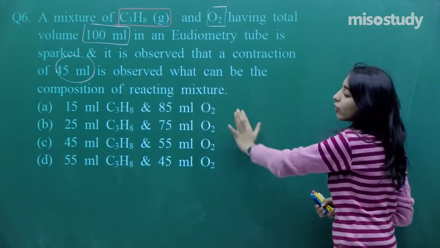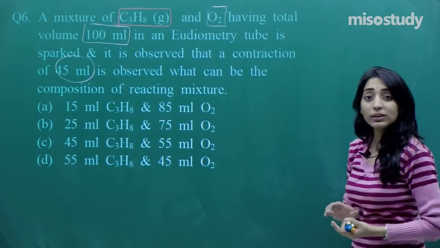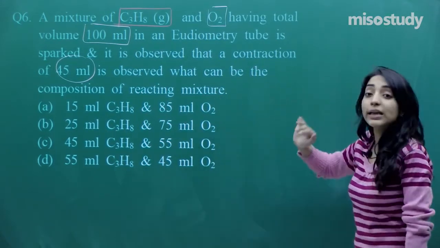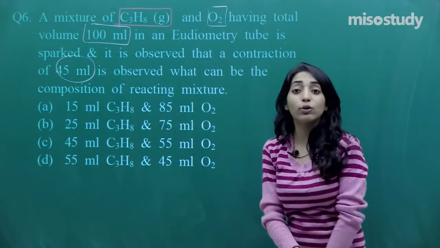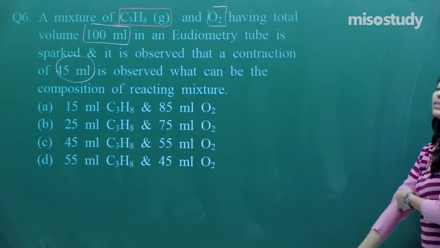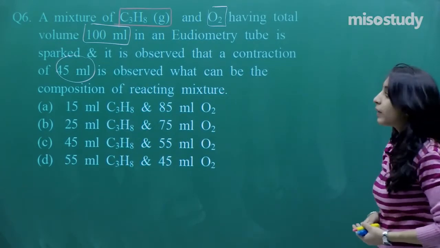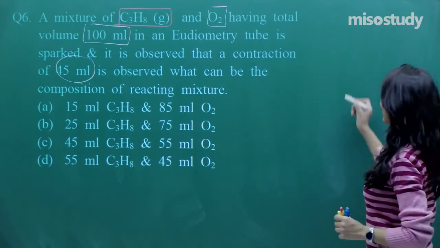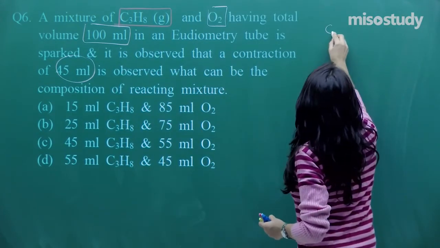We are given 4 reacting compositions, and we need to tell which of the 4 will be equivalent to the discussion in the question. With this background, let us continue. You first have to write the balanced chemical equation.